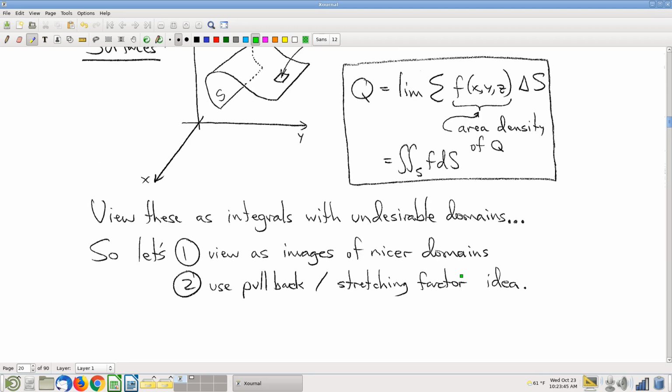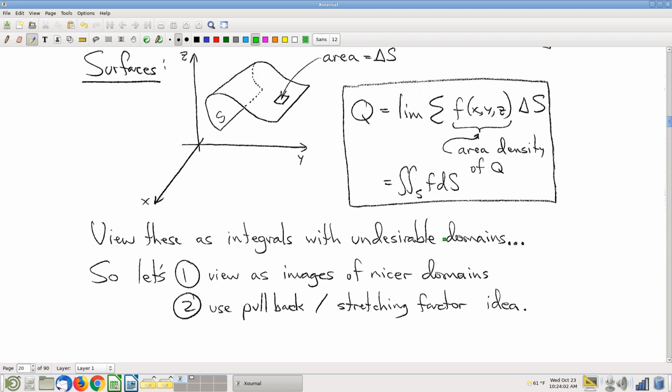Okay, so we discussed last time. We're going to do the same thing here that we've done in the past when we've had an undesirable domain. Typically, in the past, what's been undesirable is our domain was all curvy and cornery or awkward and something like that, right? This is just a new kind of awkwardness. It's dimensionally awkward. This is a two-dimensional domain, but it's not in 2 dimensions.